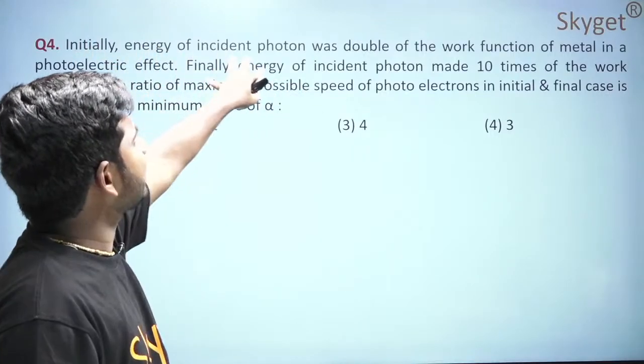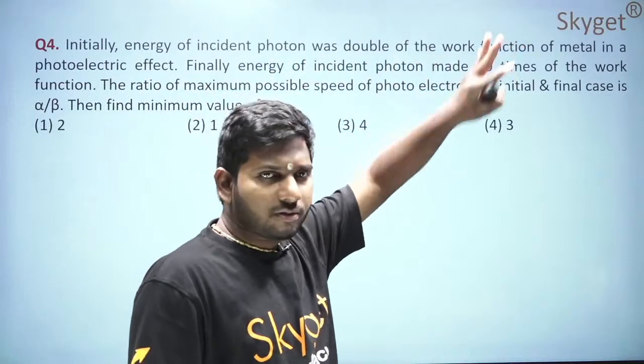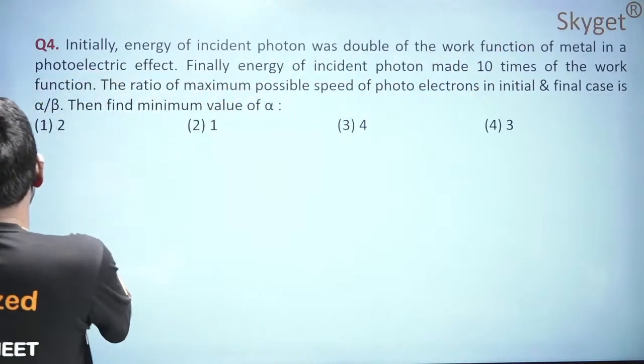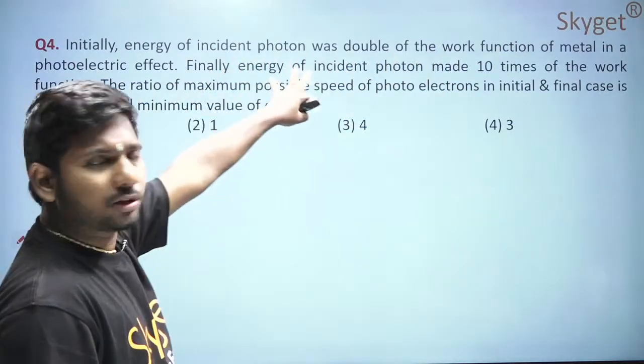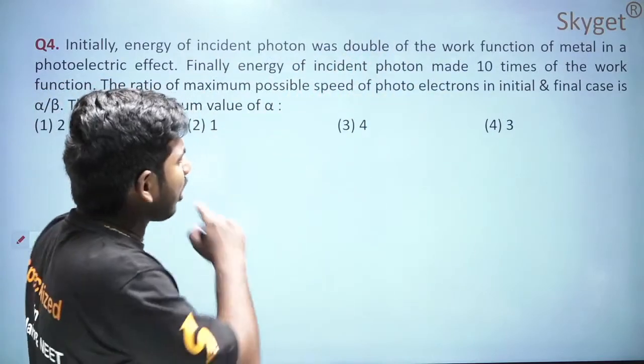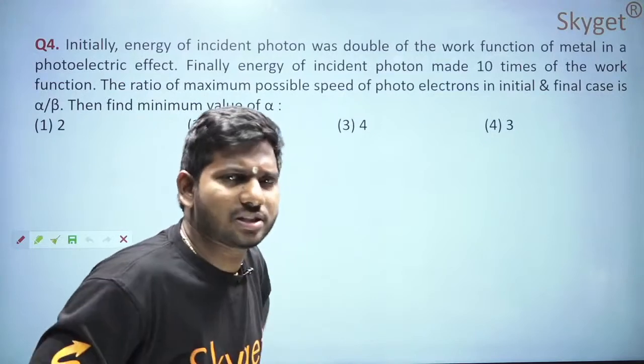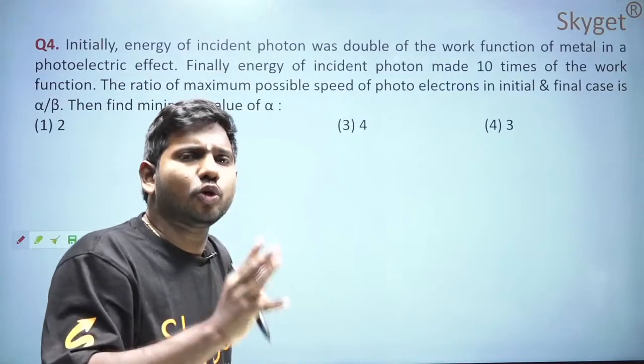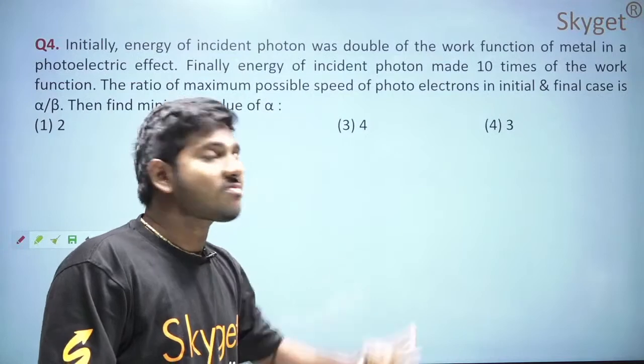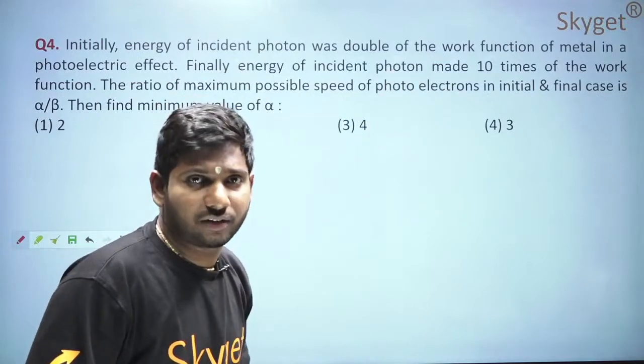Initially, the energy of the incident photon was double the work function of the metal in a photoelectric effect. What is the main photoelectric effect equation, students? If you know one equation, you will be able to solve any kind of problem based on the photoelectric effect.